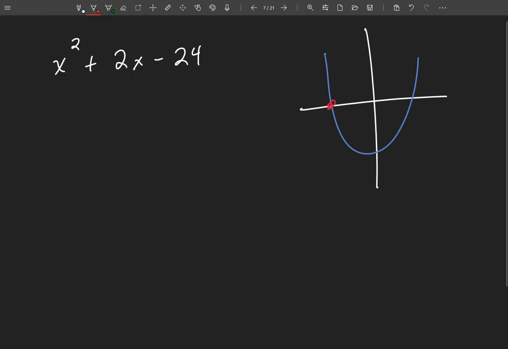Now, notice where this thing crosses. If I were to look at the coordinate here, it's some x coordinate, but the y coordinate is going to be 0. It has to be 0, right? Because it's on the x-axis. That's the whole idea. And same thing here. It's some x value. I don't know what it is yet. That's what the root is. But the y is going to be 0, right?